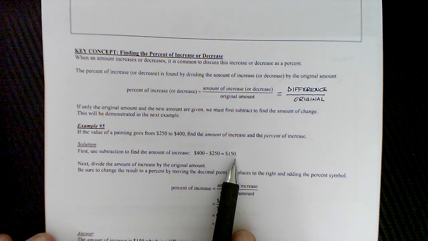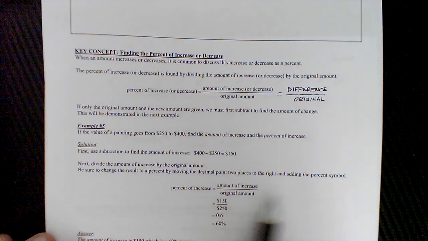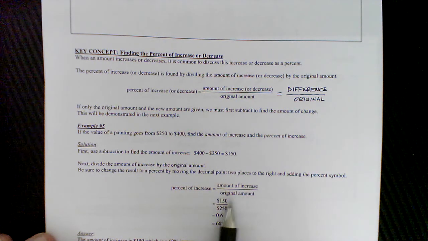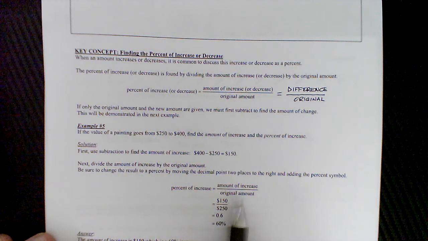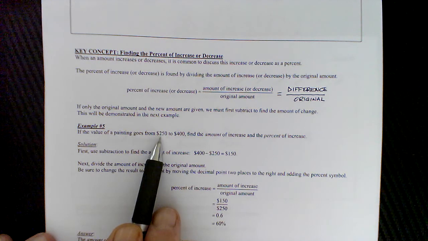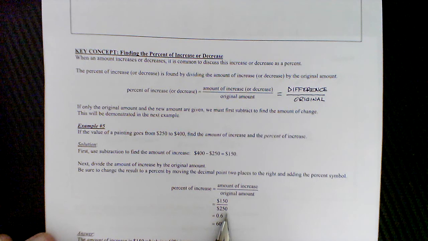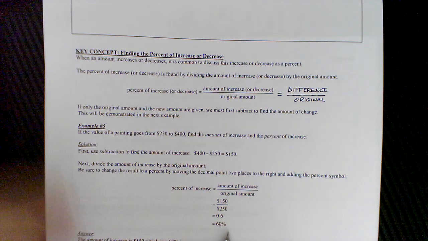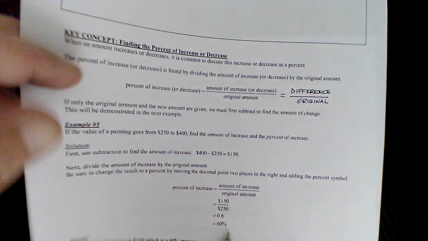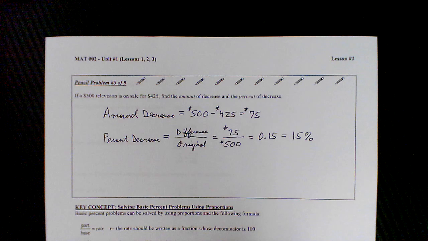So here it is, 400 minus 250, large minus small, no matter what. And then the amount of increase was the 150, and the original amount here, notice, was the 250, because we started at 250 and it went up to 400. So you always divide by the original. They gave us 0.6 and then changed to a percent. So I just wanted to make sure we noted that.